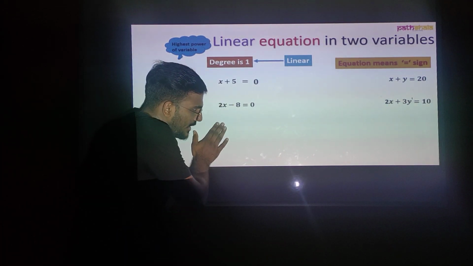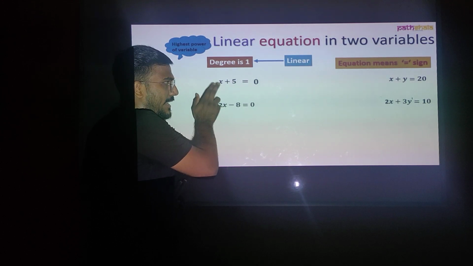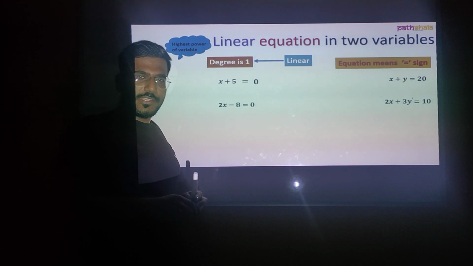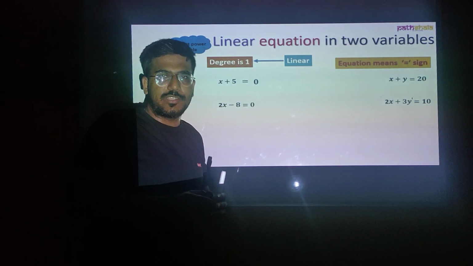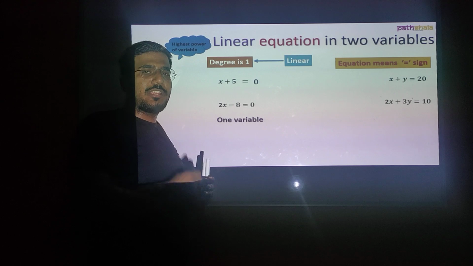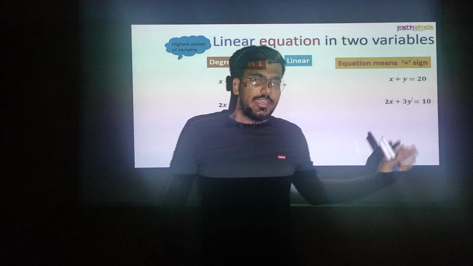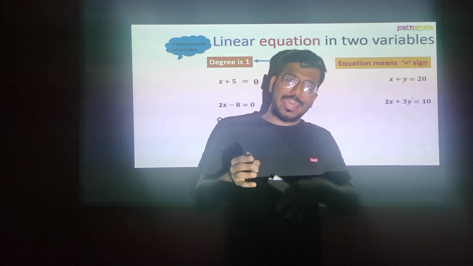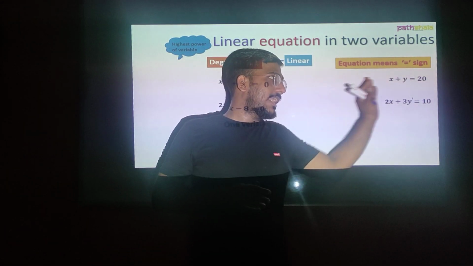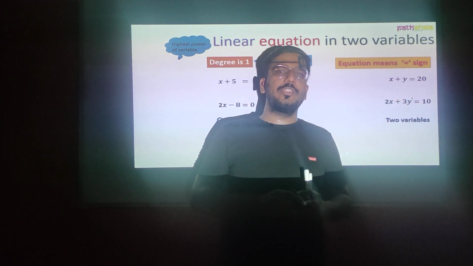Now in these equations, there is only one variable, x. Since there is only one variable in the entire equation, these are called linear equations in one variable. In these equations, we have in all two variables, x and y. Since in the entire equation there are two variables, these are called linear equations in two variables.